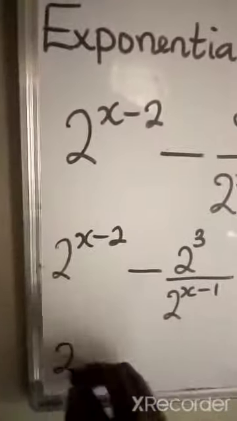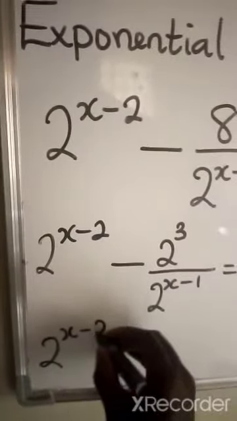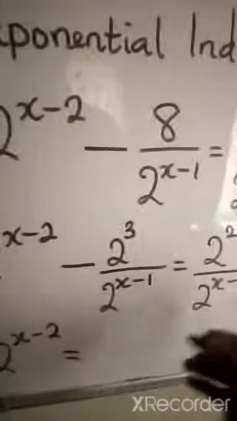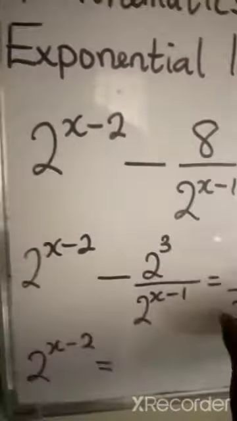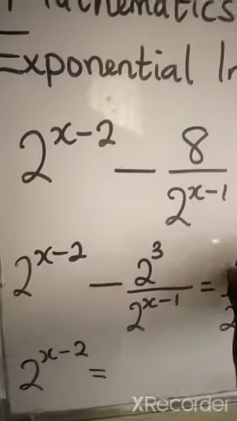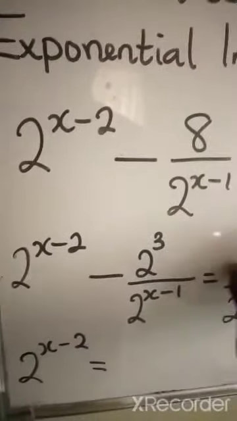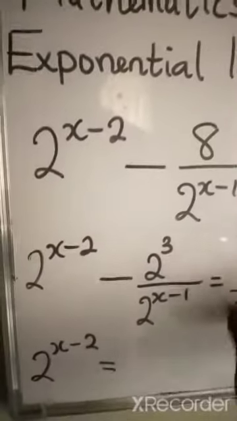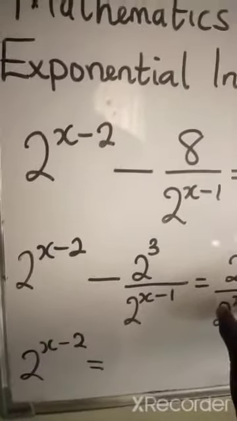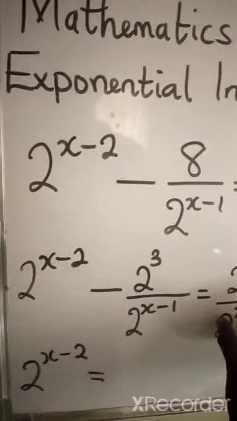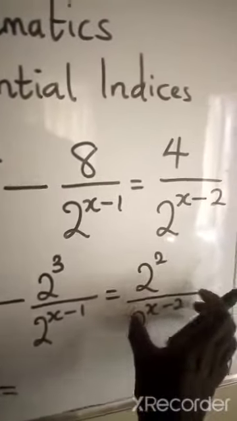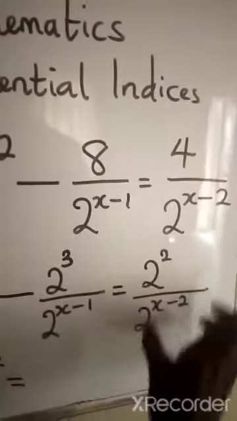So we have 2 raised to the power of x minus 2 is equal to, if you move this to the other side, it becomes plus. Meanwhile, before then, you can change this to the simplest form. You understand? How do you do that? Don't forget that according to the law of indices, when you are dividing, you subtract the powers.